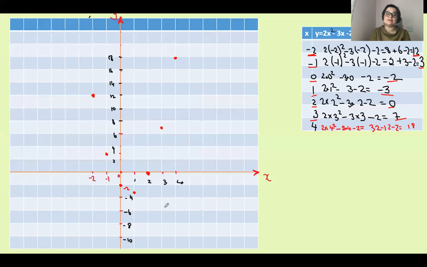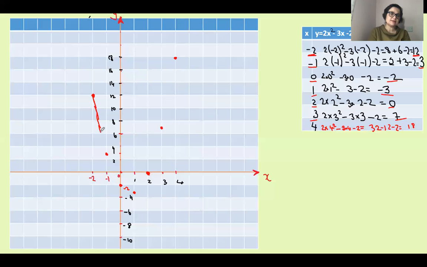And now, this is the key. You never use a ruler when you draw the curve, when you sketch the curve, because you're going to have to join those points with a curved line, not a straight line. So let's start from the first point. Go like that, slowly, slowly.